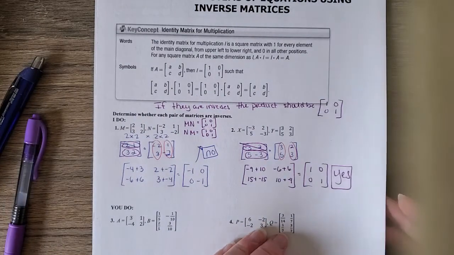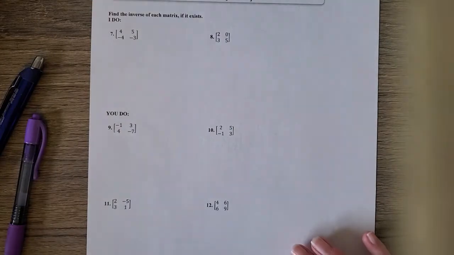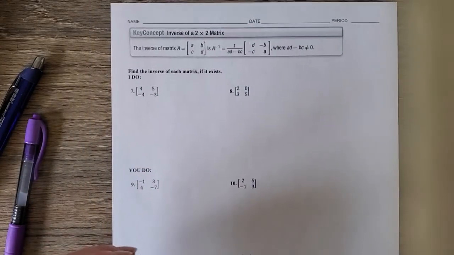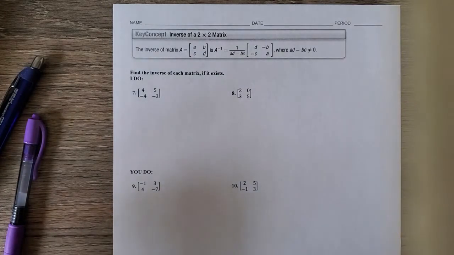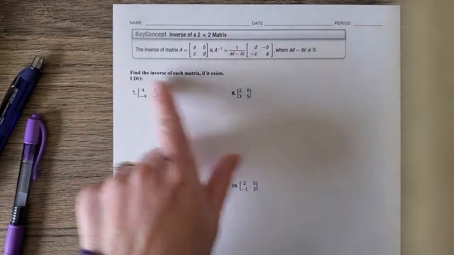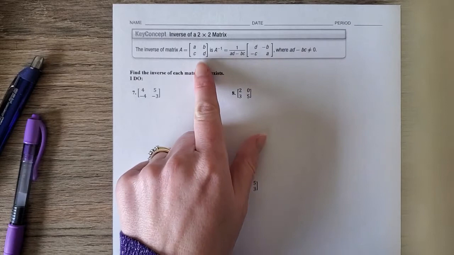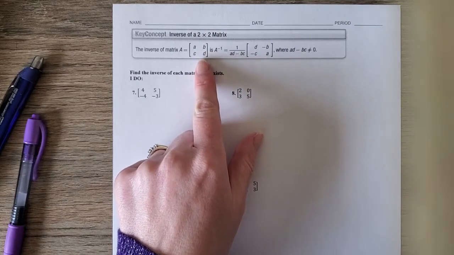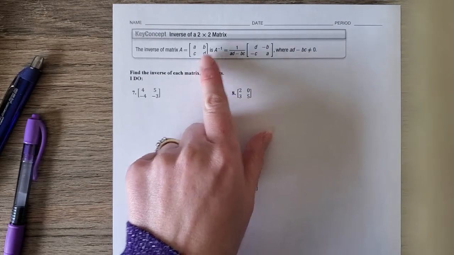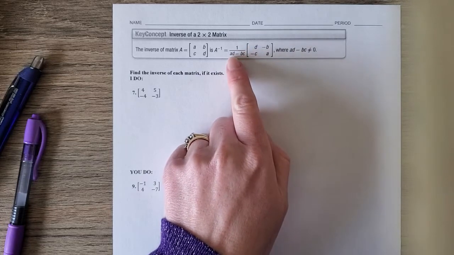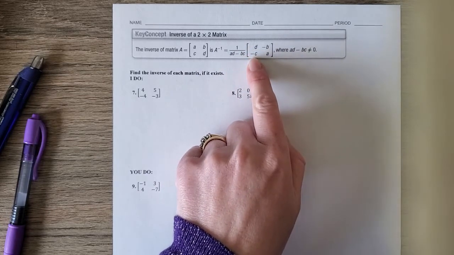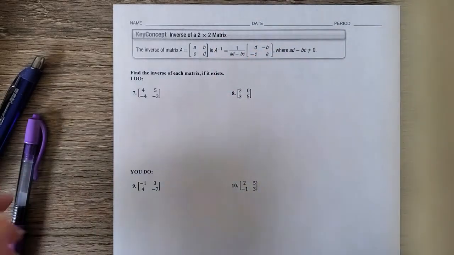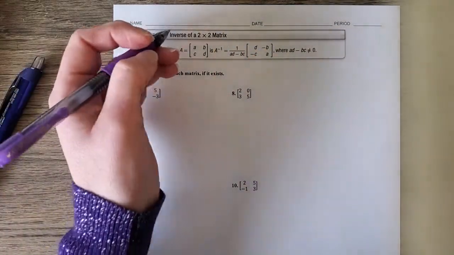Then we're going to turn the page, and we're going to now find the inverse. What if I have a matrix and I want to find the inverse? To find the inverse of a matrix, there's a formula given at the top. If our matrix is A, B, C, D, written just like this, the inverse is 1 over A times D minus B times C, and then times the rearranged matrix.